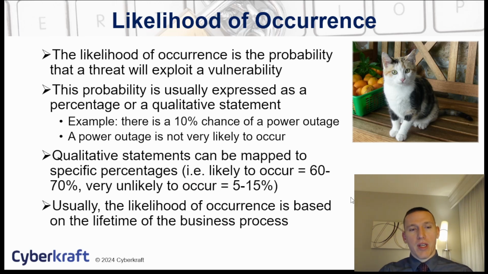So we can either describe them as the percentage, or with these qualitative statements: likely to occur, unlikely to occur, somewhat likely to occur. The amount of time for that occurrence can be based usually on the lifetime of the business process, or over a measured time span.